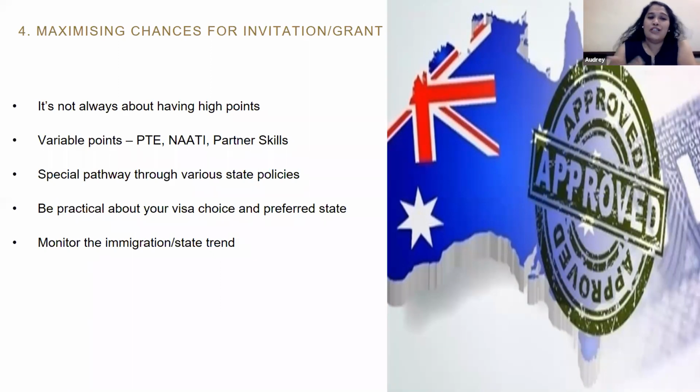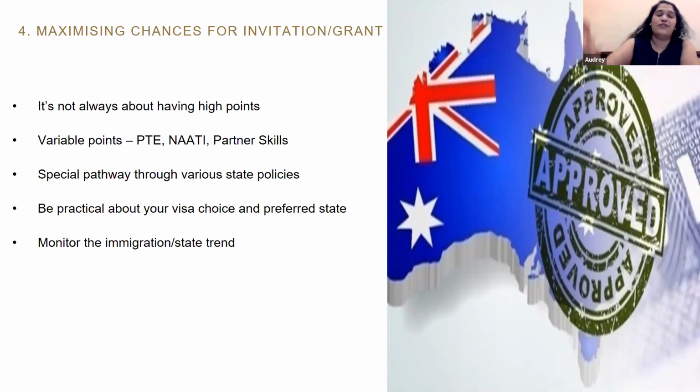Next, we need to continuously monitor the immigration and the state trend, okay? For example, the selections for family sponsorship were not being given for high demand occupations like engineers and certain IT occupations. But now suddenly immigration is giving, there's no announcement.